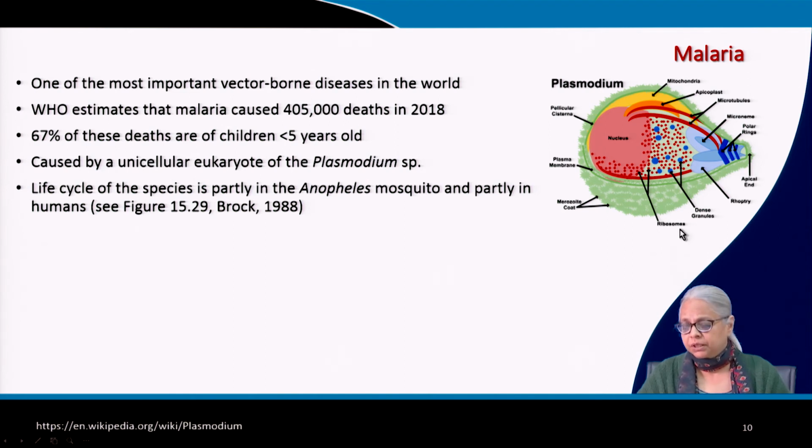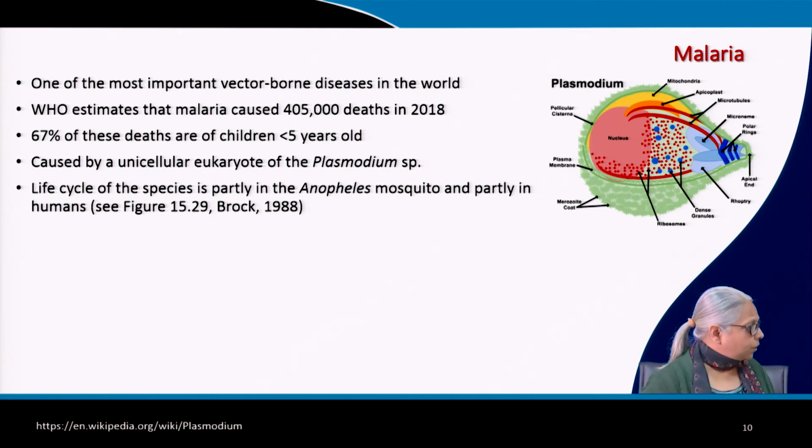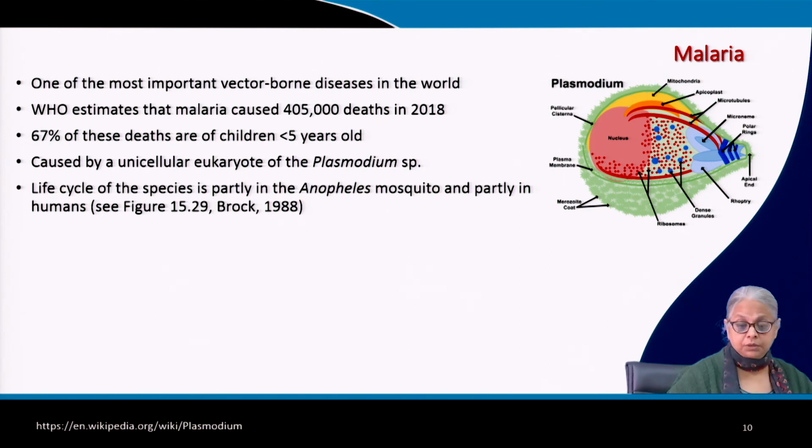There are mitochondria, there are ribosomes, plasma membrane, and so on. But then there are several other organelles which we are not going to go into that are also present and particularly important in terms of the virulence of this particular microorganism.